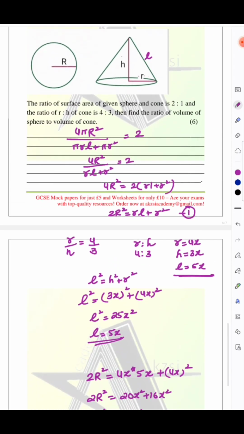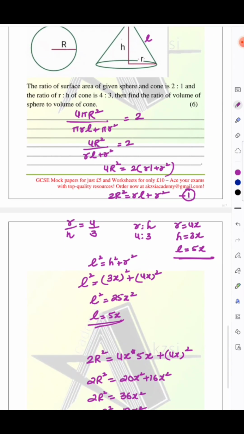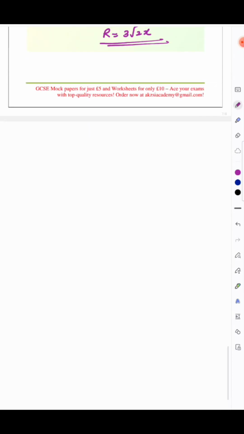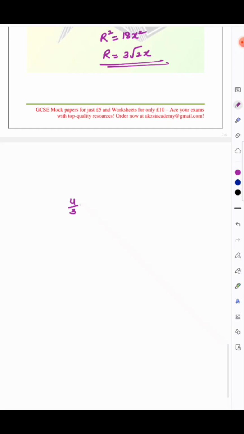Now the question is, we have to find the ratio of the volume of sphere to the volume of cone. So the volume of sphere is 4/3 pi R cubed over, and the volume of cone is 1/3 pi r squared h. Because we have converted all of them in terms of x, it's very easy for me to find the ratio now.